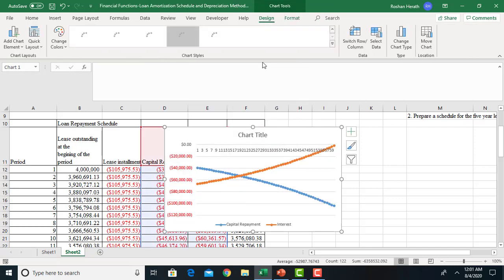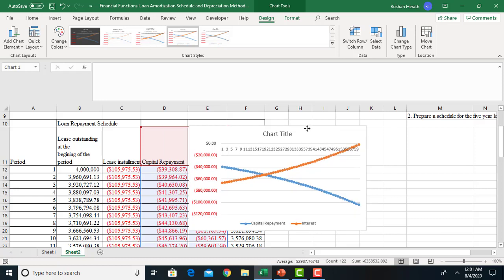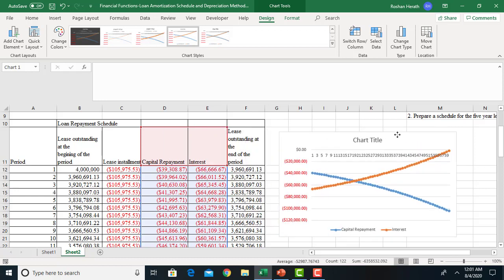So it's like this. Here you can see clearly how the interest and the capital repayment behave. You can see throughout the period, from 1 to 60, this is how the capital repayment and the interest behave.